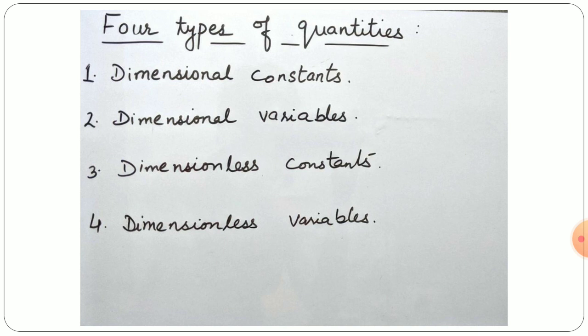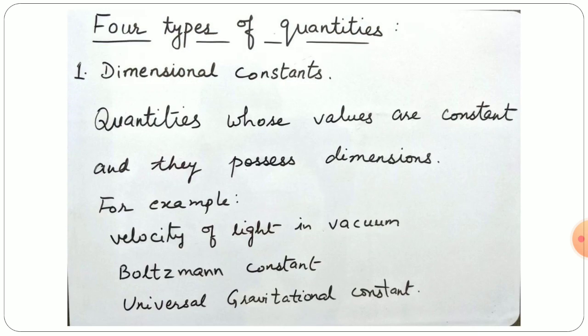Now, there are 4 types of quantities: dimensional constants, dimensional variables, dimensionless constants, and dimensionless variables. Let us discuss these four types of quantities in detail. Dimensional constants are those quantities whose values are constant and they possess dimensions.